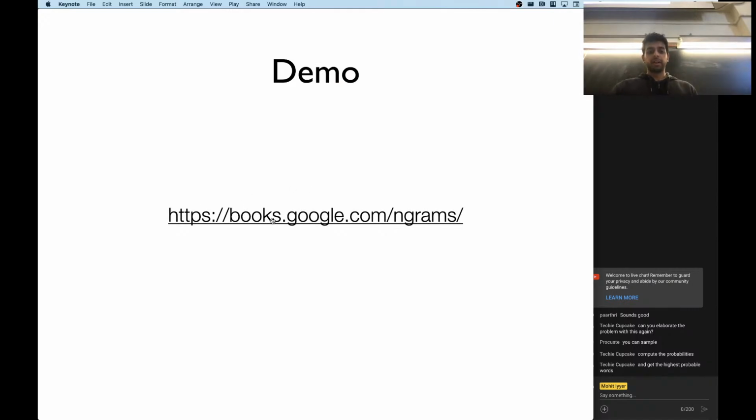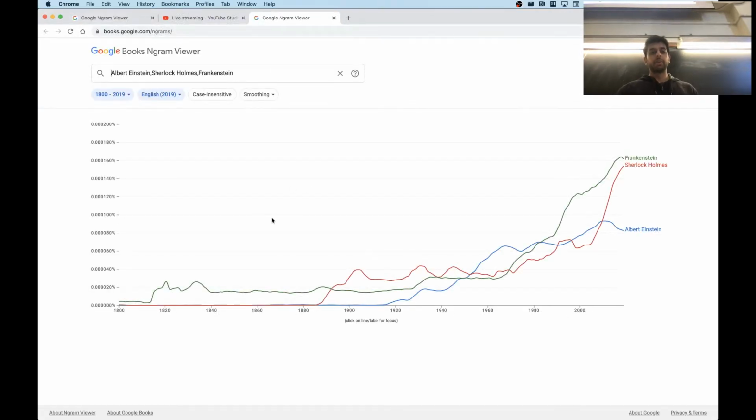So, I also wanted to show a little bit of a demo with a larger scale corpus. Google has this n-gram viewer. I don't know if some of you have seen this, but it lets you search for the frequency of many different phrases in the Google Books corpus.